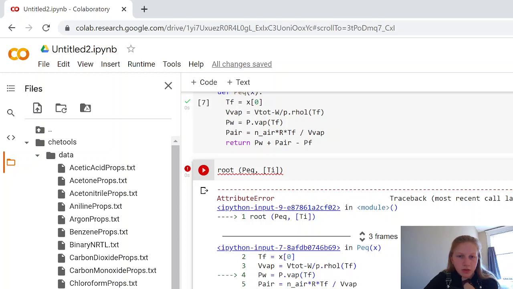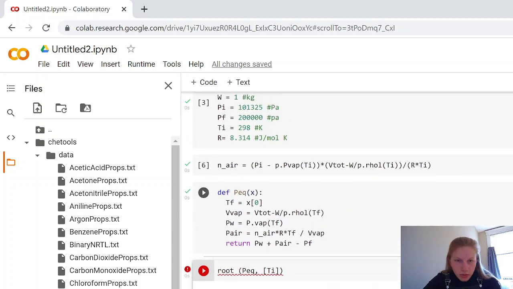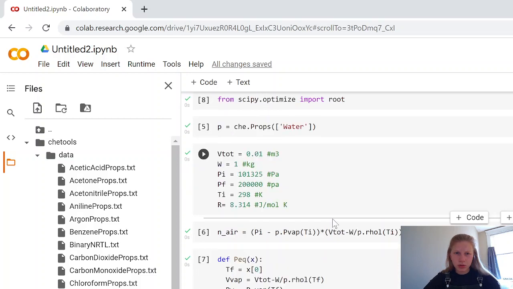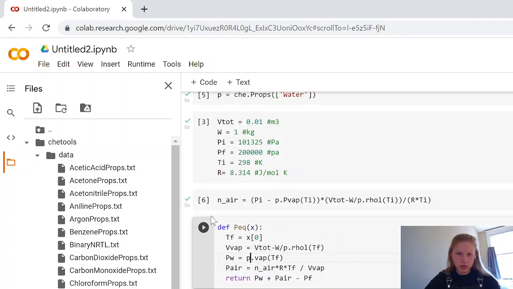So no. Props object has no attribute VAP. Oh, I keep doing capital V, right?